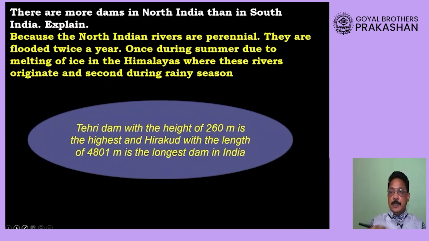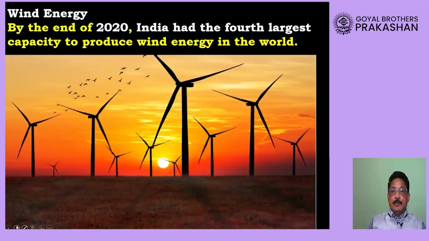Most of these North Indian rivers originate in Himalaya mountain, and when the snow melts in summertime, again these rivers are flooded. So there is abundant water available throughout the year, and that is why there are more dams in North India compared to South India.